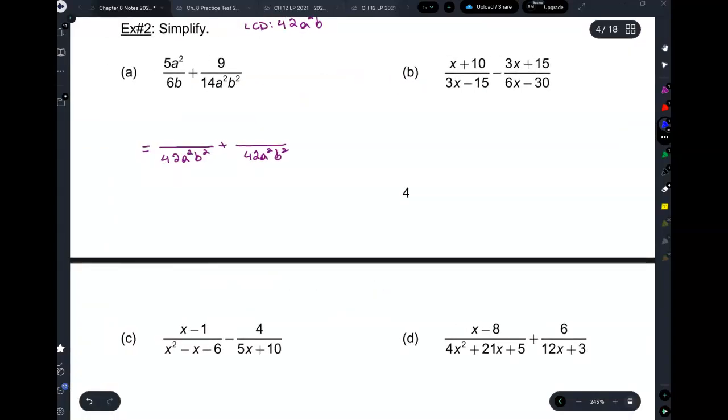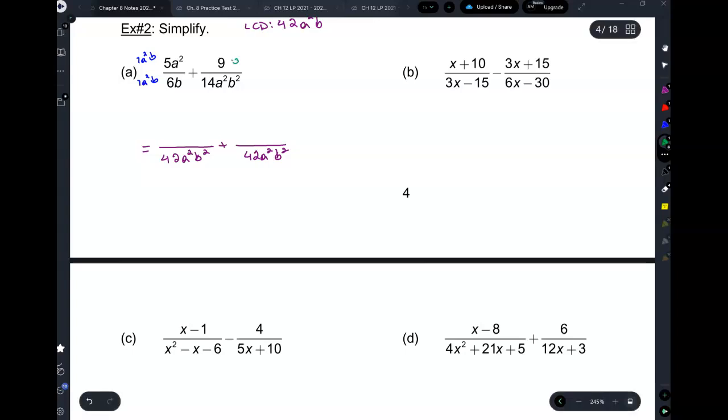I have a 7 times a what? A squared B, right? So I multiply this one as well, 7A squared B. What about the next one? If I divide the LCD by this, what do I have left over? What's 42 divided by 14? 3, and that's it, right?